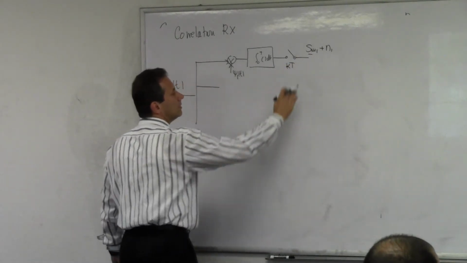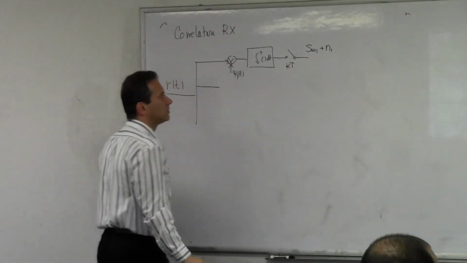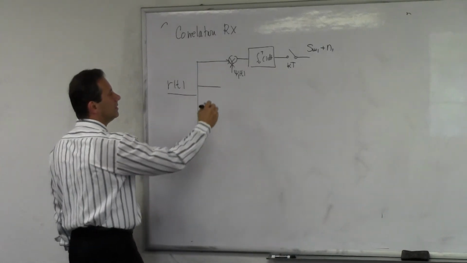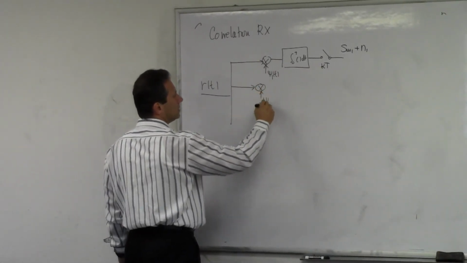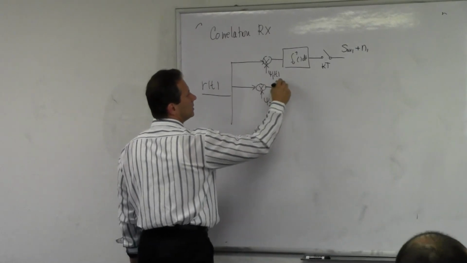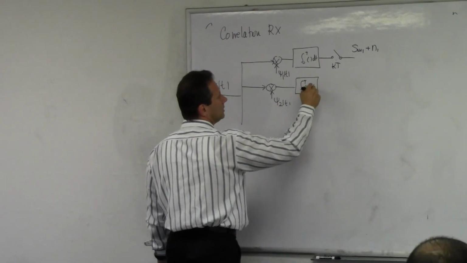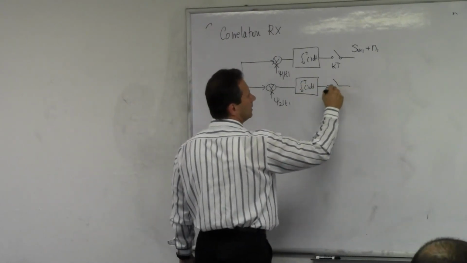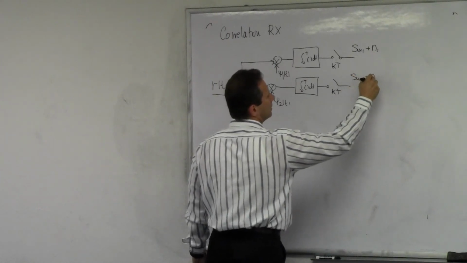So that's going to be the sample of the waveform along the first basis vector plus the noise that's snuck in along the first basis vector. This is psi 2 of t, the same story. You're going to integrate from 0 to T dt, sample that at kT, and you get Sm2 plus n2.